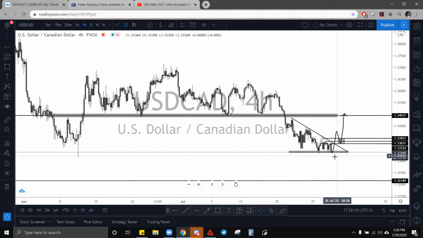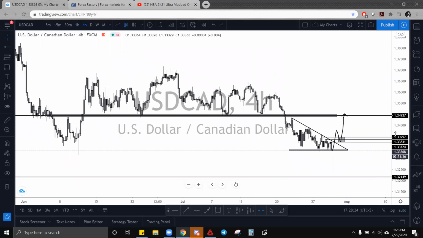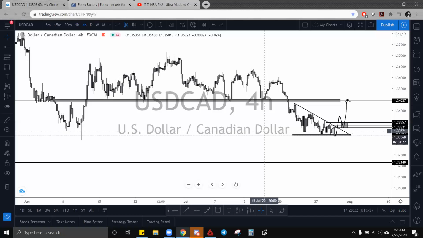So I got into this setup for the buy yesterday, thinking that it was ready to go off to the upside and retest here, but it wasn't. So you see how in the 4-hour I said to wait, because this thing really hasn't broken too much structure yet. So that's really why I'm waiting.